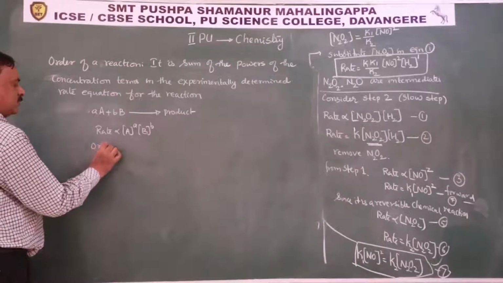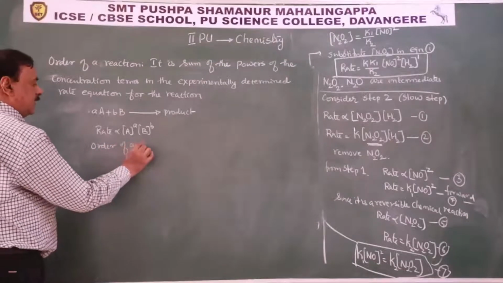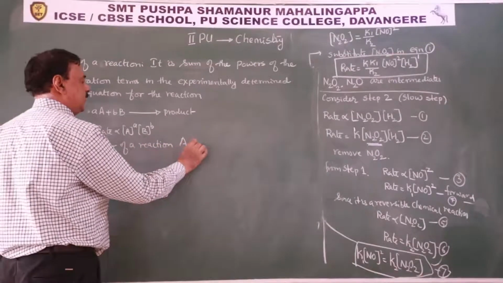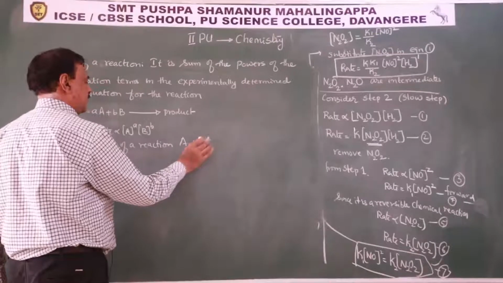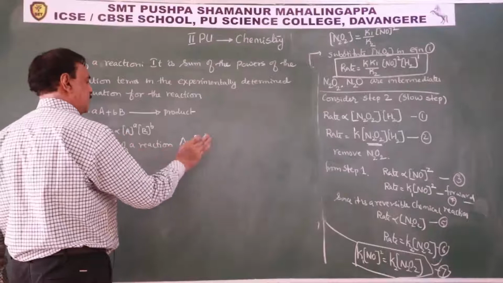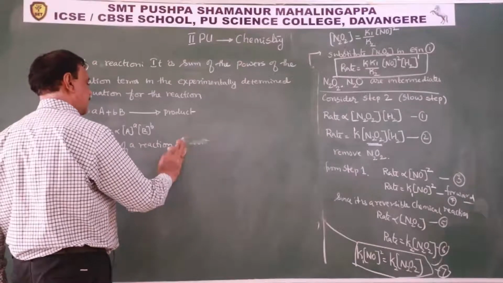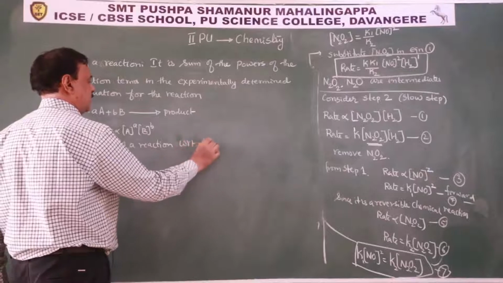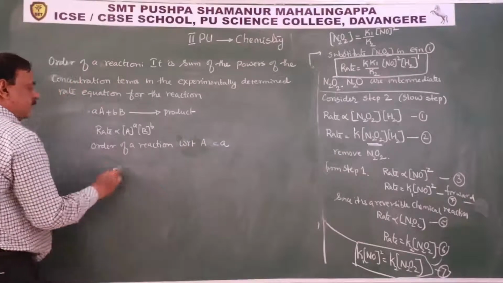The order of the reaction with respect to A is equal to small a.